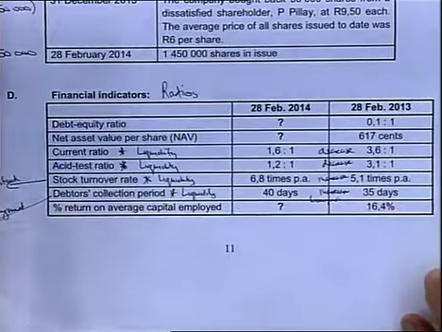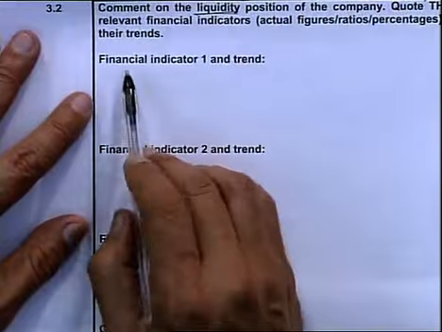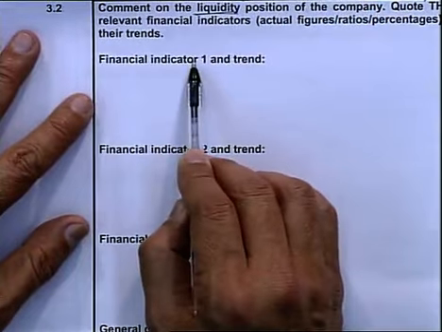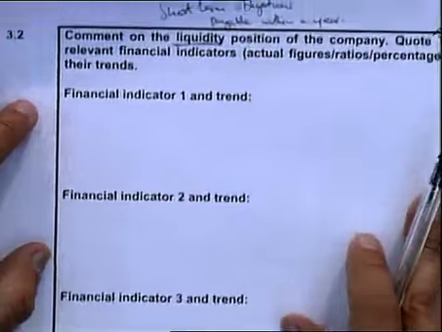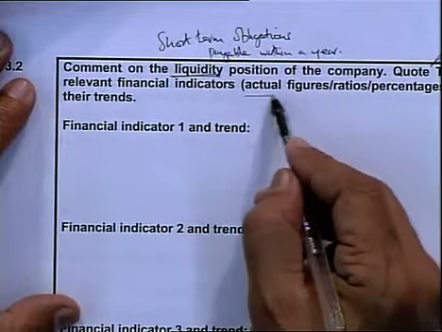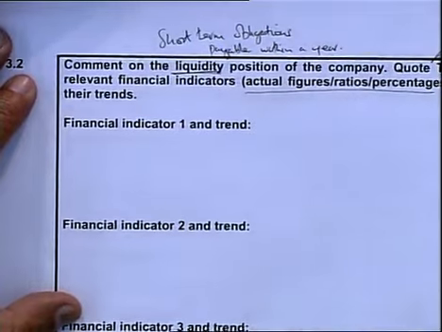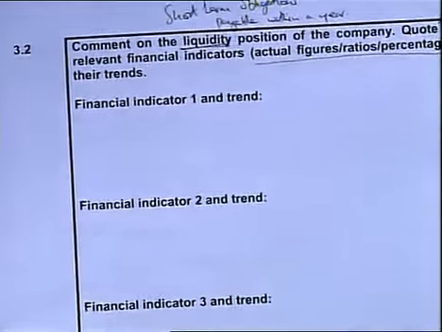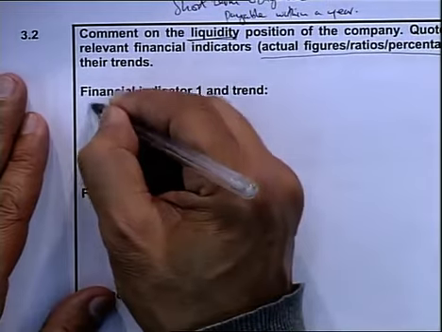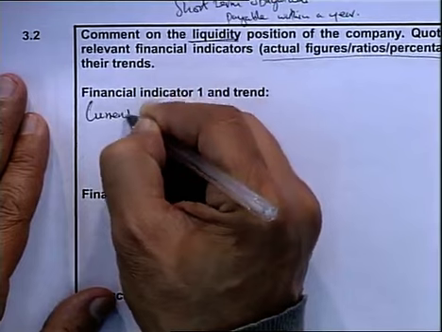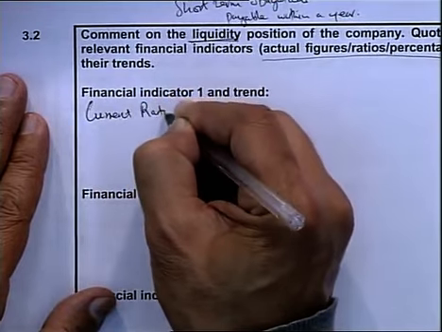So let's see, what do they want? They want you to mention the financial indicator, and they want you to give the trend, and it also says you must supply actual figures and percentages. So when we do the first one, we're going to mention the financial indicator, meaning we're going to talk about the current ratio.